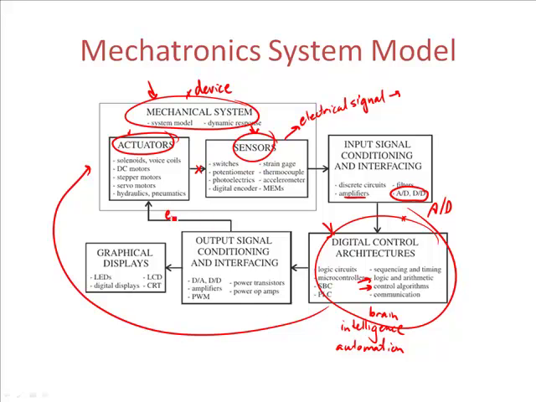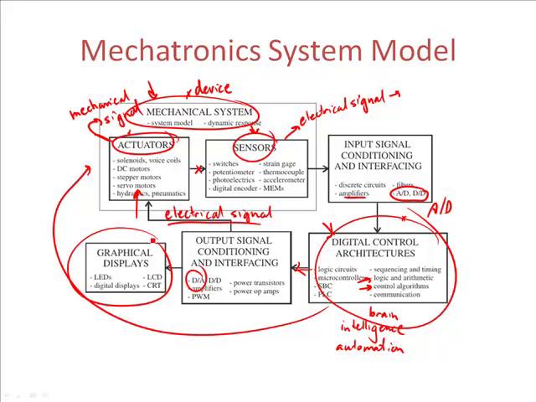And so we have some kind of electrical signal that drives the actuator. And again, the output of the actuator is usually some kind of mechanical energy. And so what happens here is that the controller puts out a digital signal, and then this digital signal is usually converted to some kind of analog signal that is in the form needed to turn on the actuator.